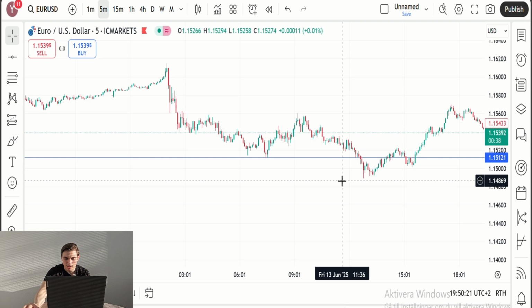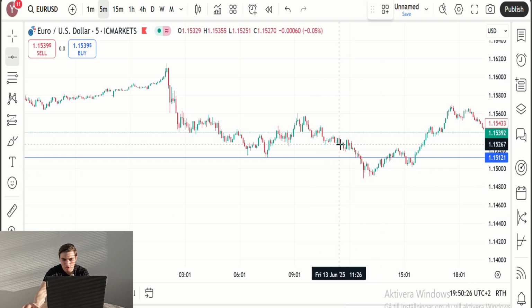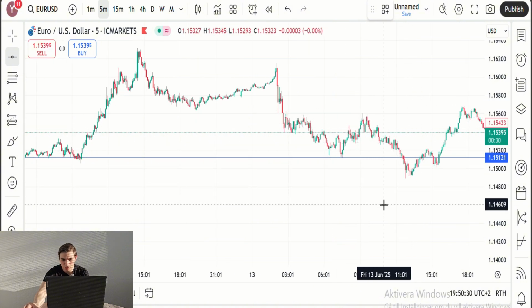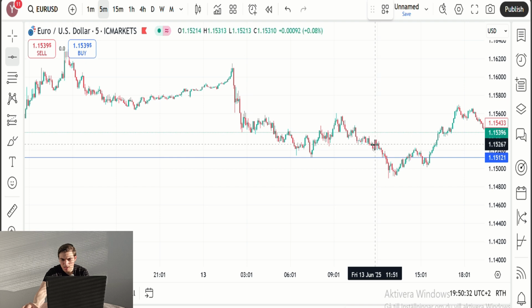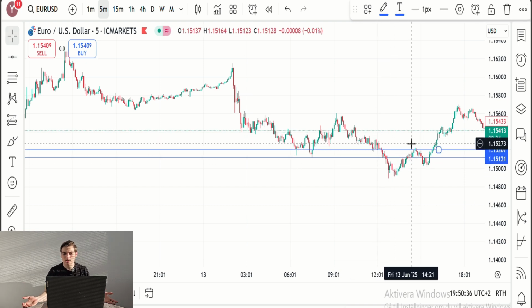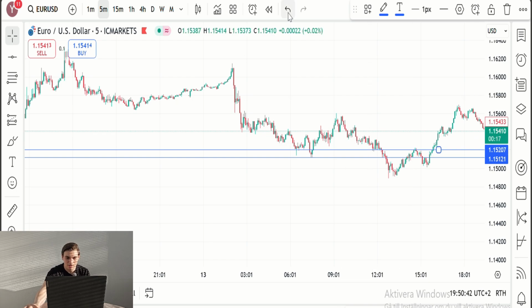But you cannot consider everything a support or a resistance. Here there is no swing high or a swing low. This is a swing high right here and this is a swing low. This, yes, there is highs and lows, but this is not a support. That's not a resistance either.